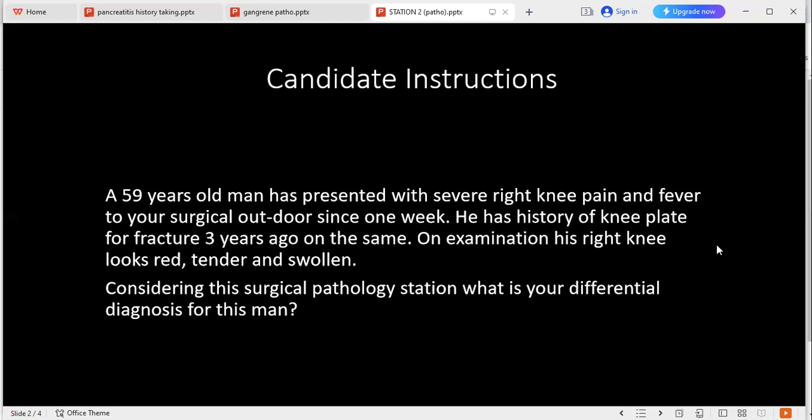Where exactly do you think this osteomyelitis takes place? At the metaphysis. All right. What happens exactly when the metaphysis is affected and infection enters through the bloodstream?